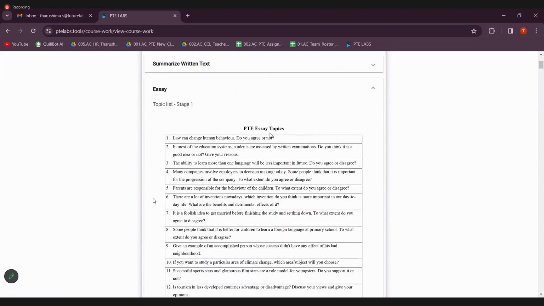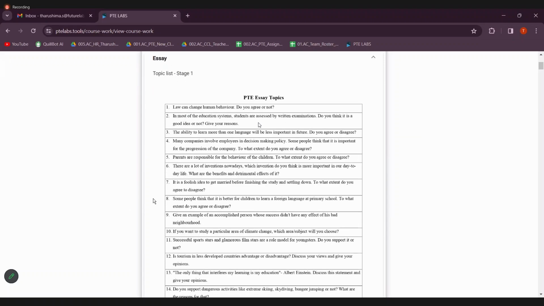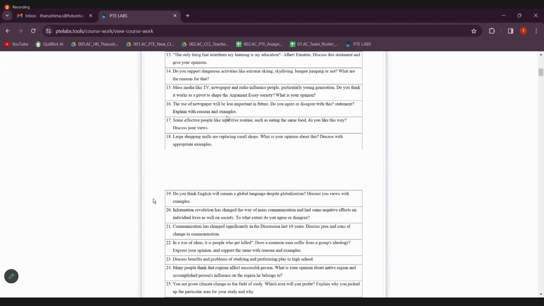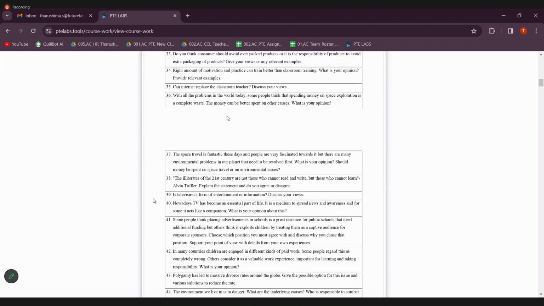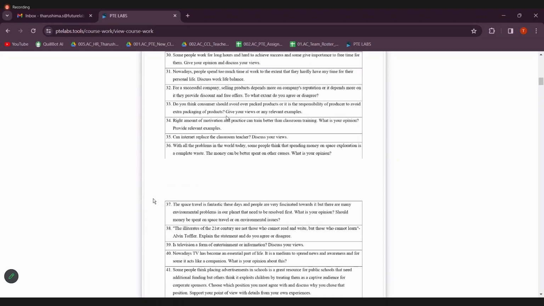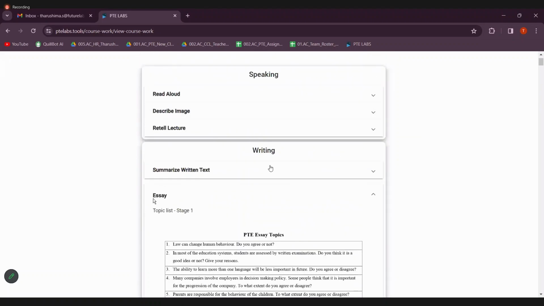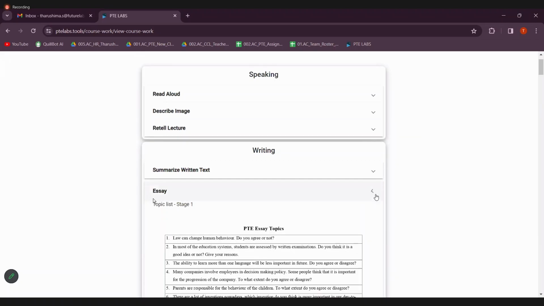And also it's better if when your materials are allocated to you, just go through all these topics and try to find out what kind of topic is this. That's a better way.